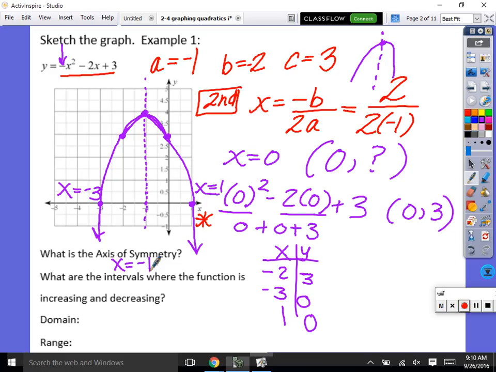And then what is the intervals where the function is increasing and decreasing? So remember back to this day, there's kind of a lot to remember, but remember intervals where we're increasing and decreasing, that's coming in from x. So remember it's x value. Aren't we walking uphill on this, correct? We're coming from negative infinity, walking uphill till we hit that x value, which is -1, correct?